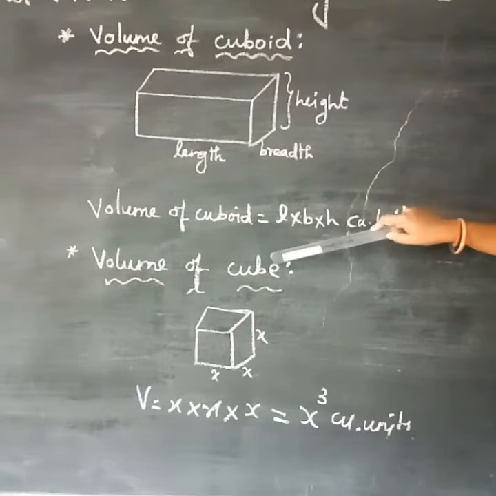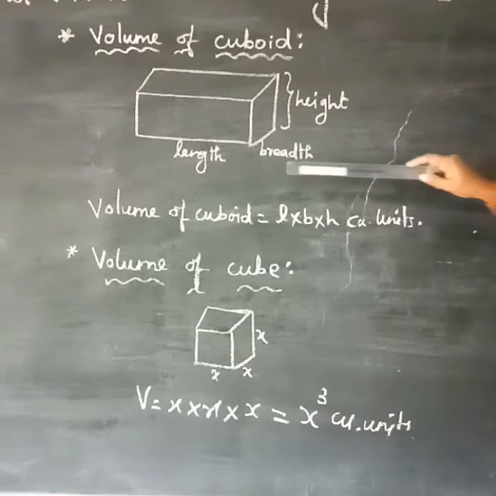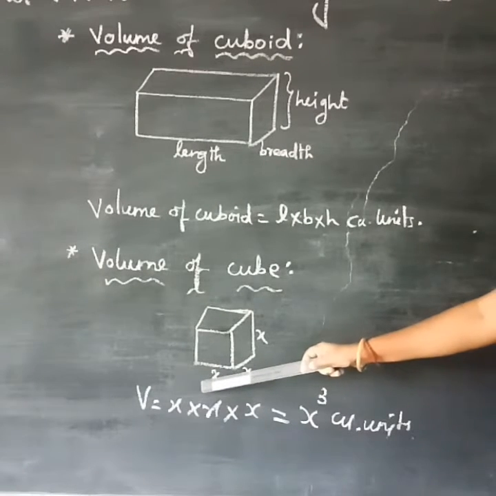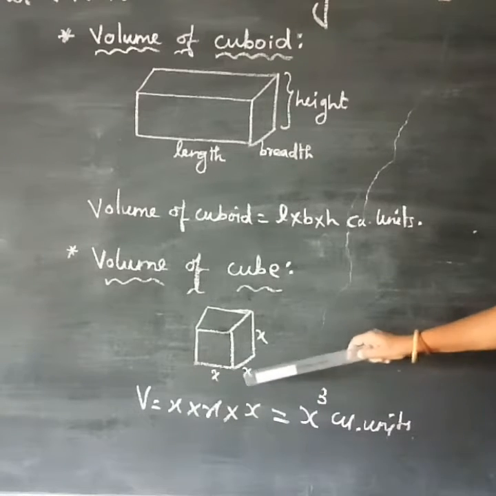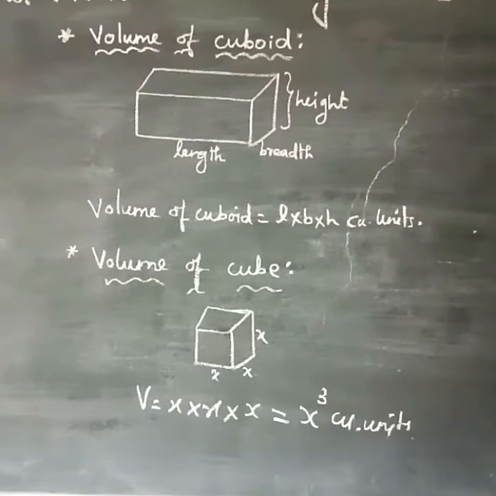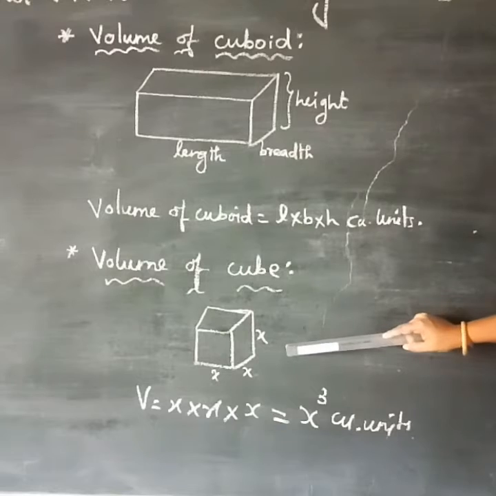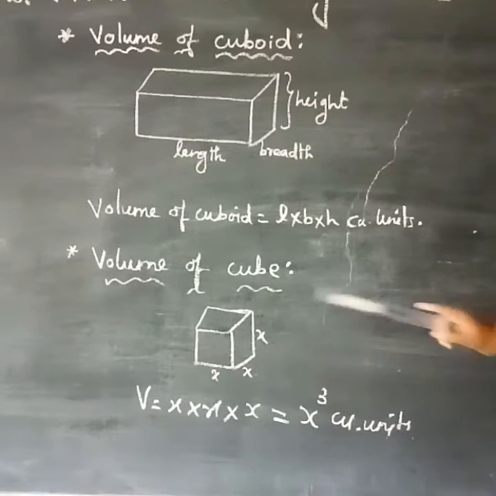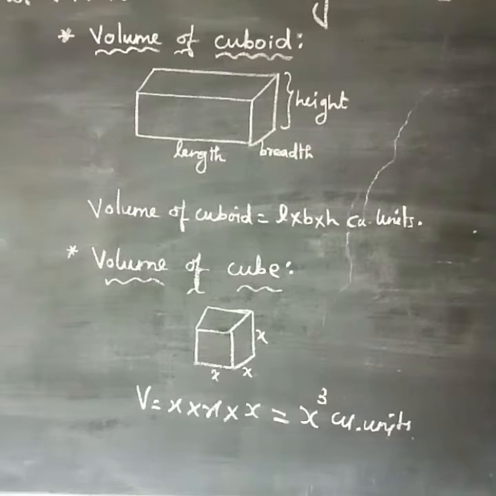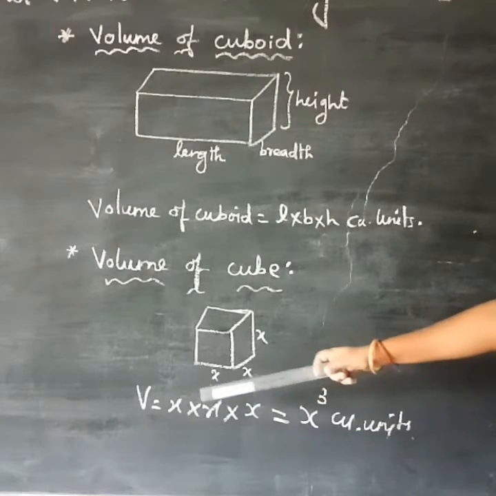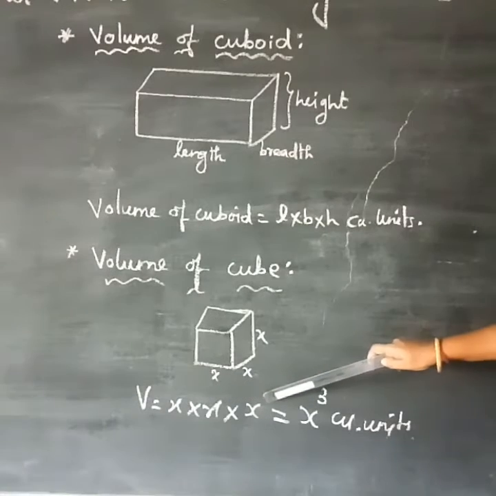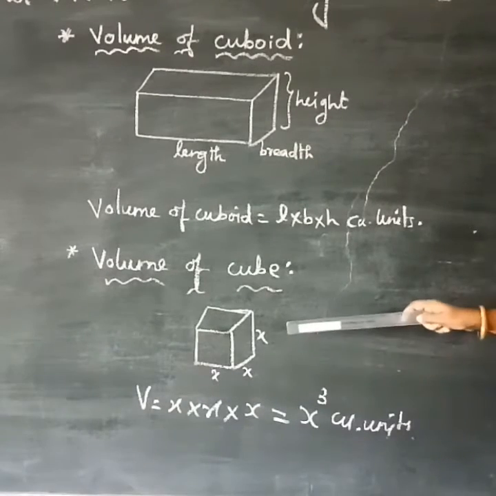Cube is a cuboid whose length, breadth and height values are equal. See here, length is equal to x, breadth is equal to x, height is equal to x. So volume of a cube equal to length into breadth into height. We know that all lengths are same.